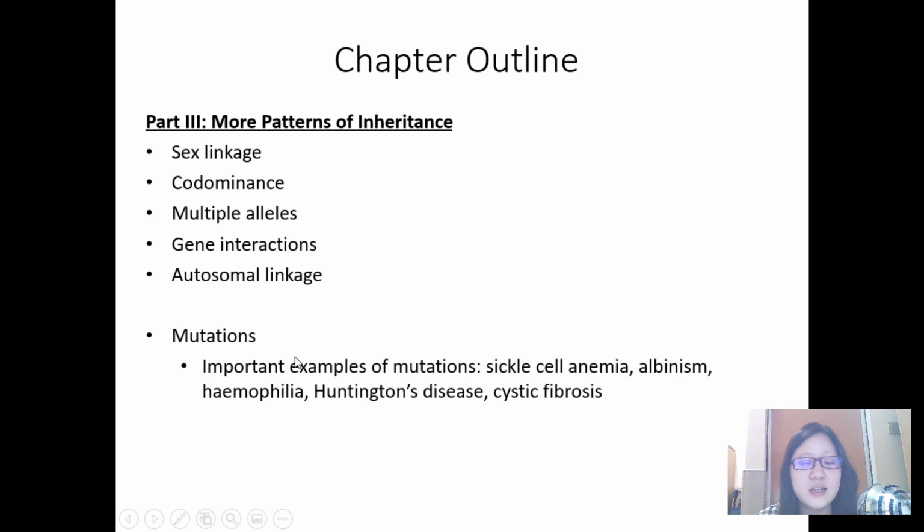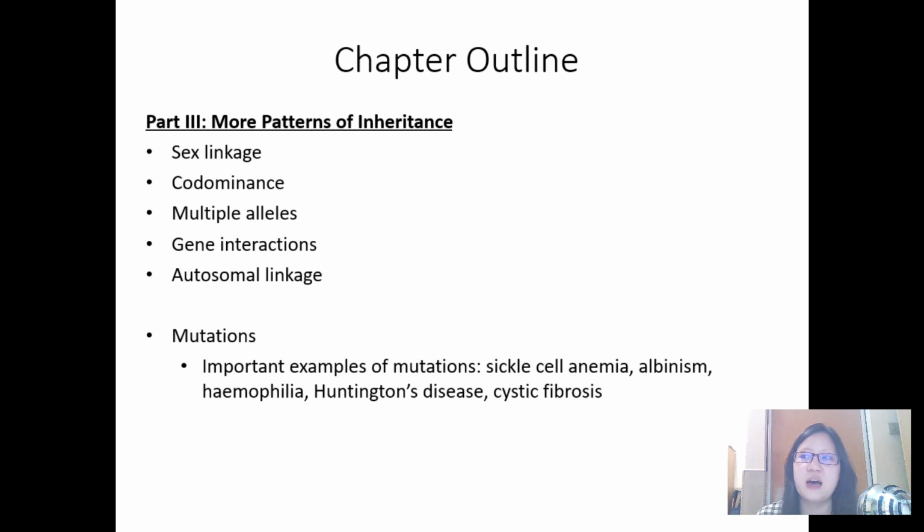Now don't forget this particular chapter has 4 parts, but part 4 has been posted earlier, and part 4 is all about gene expression. So if you haven't watched the video yet, I encourage you to watch it and finish off this chapter and get it over with. Now, again, I want to say that this chapter is an understanding chapter, and even though I just went through some details really quickly, you still need to know them, but a lot of the questions that come out are not that straightforward.